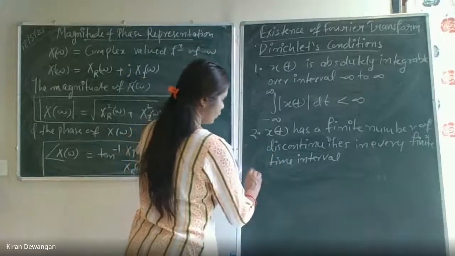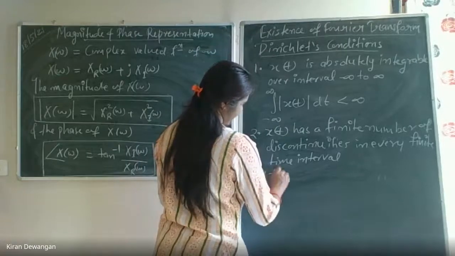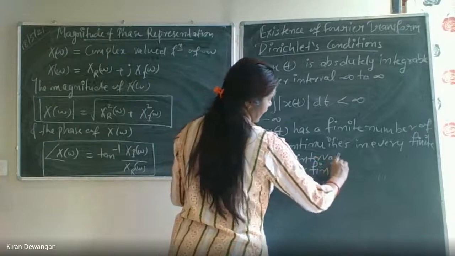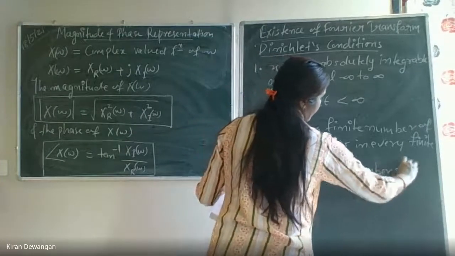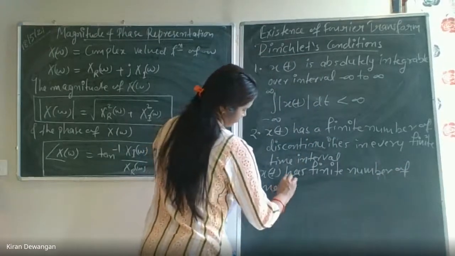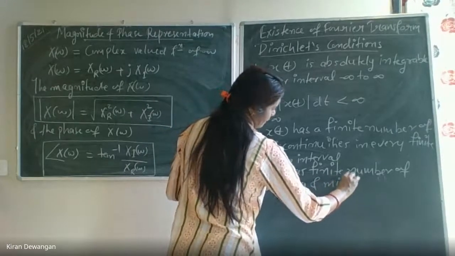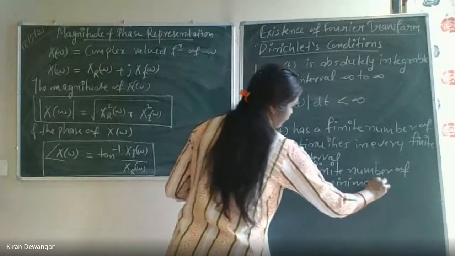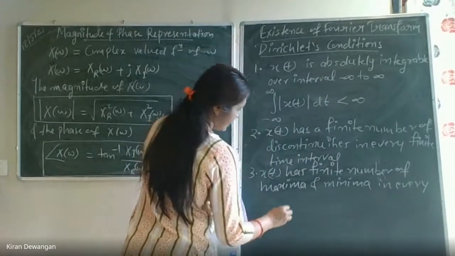Okay? Third point, it is saying that x(t) has a finite number of maxima and minima in every finite time interval.